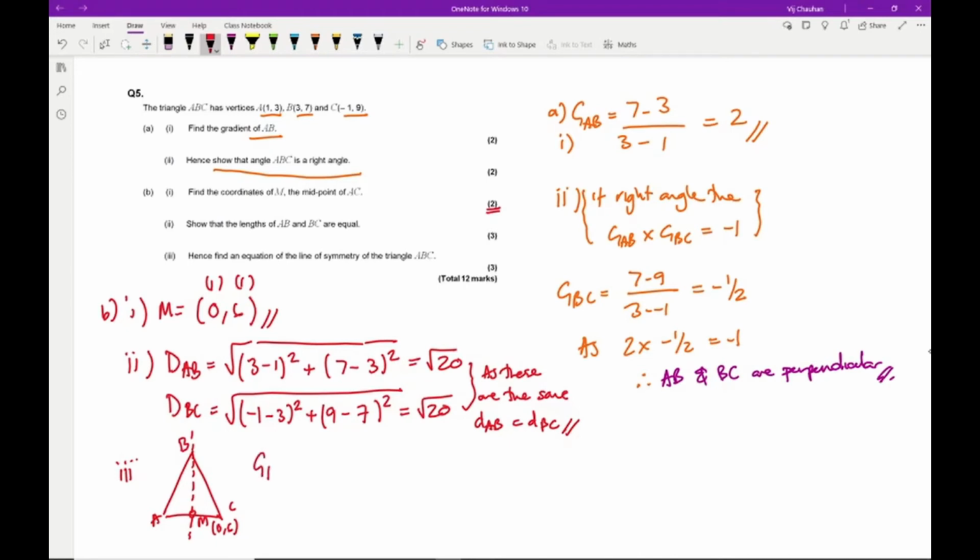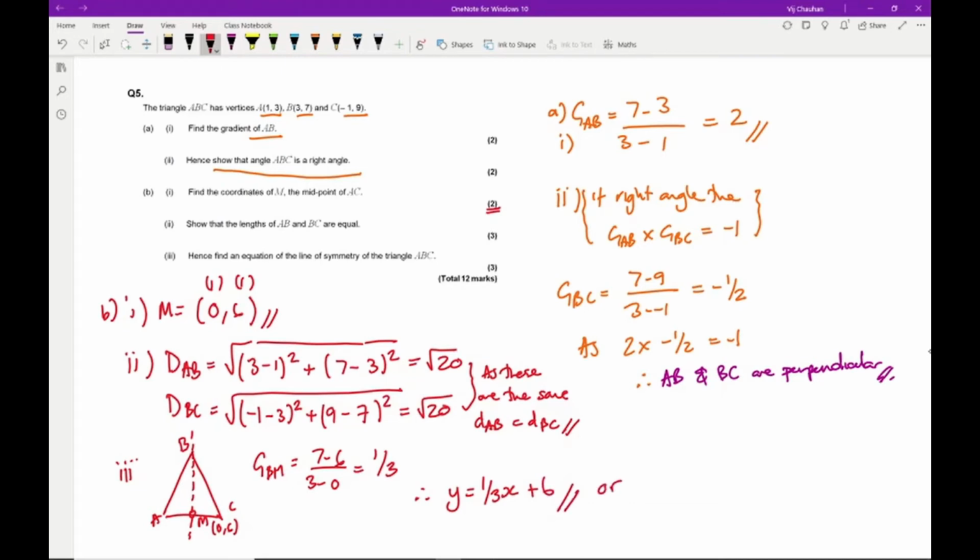The gradient of BM is going to be 7 minus 6 over 3 minus 0, which gives me a third. Then using y minus y1 equals m(x minus x1), or y equals mx plus c, whichever floats your boat, we get the equation y equals a third x plus 6. And there's your final answer.